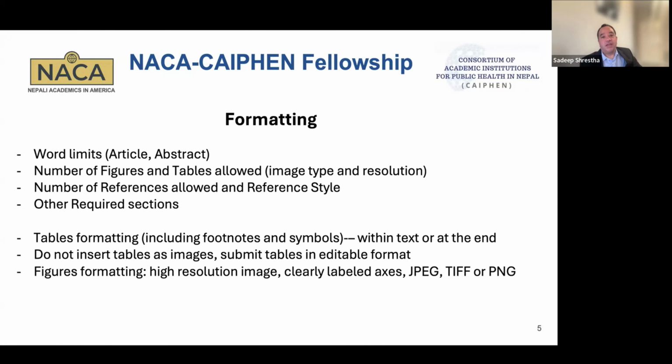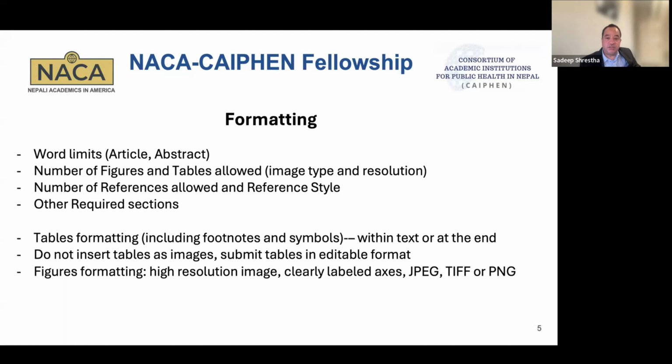Okay, there are some journals who will specifically say, hey, you are only allowed 30 references. If you have that, here again the trick is to use meta-analysis or systematic review papers, so that covers a broad range of what you are trying to say. Okay, and there are other sections that are required in terms of the formatting.